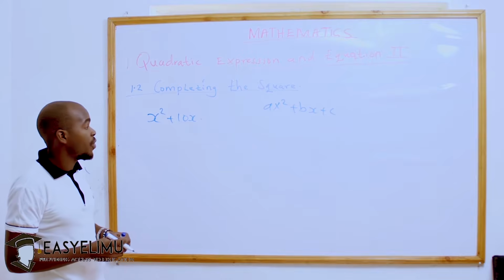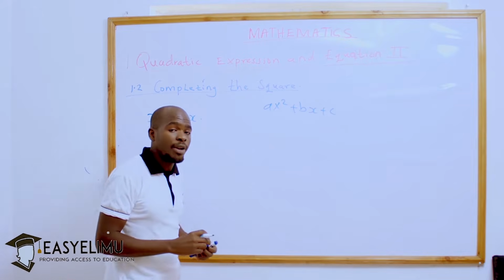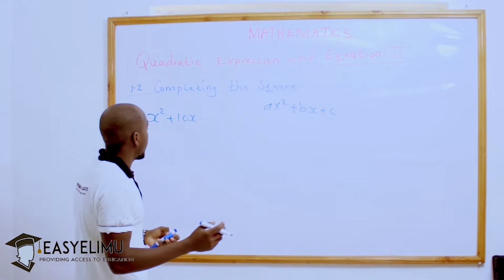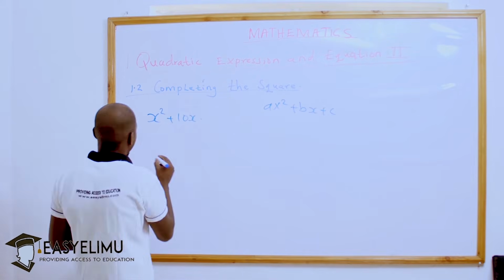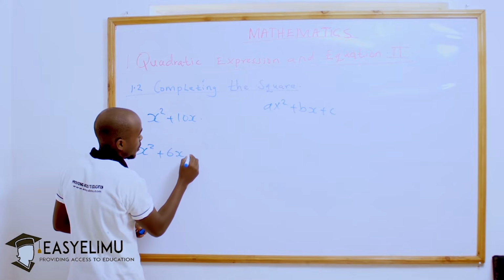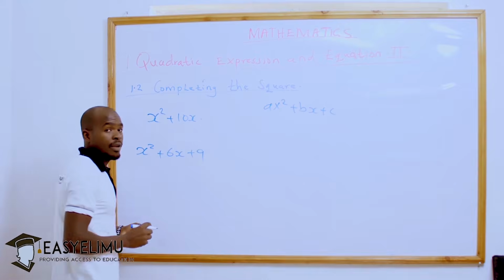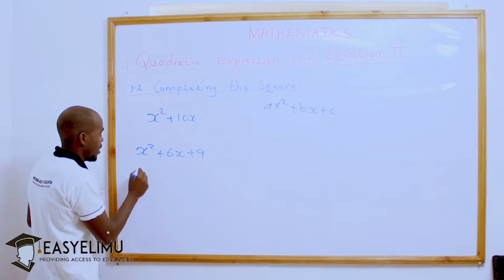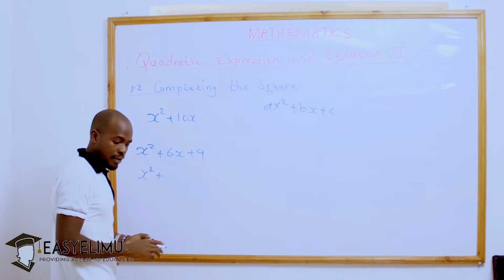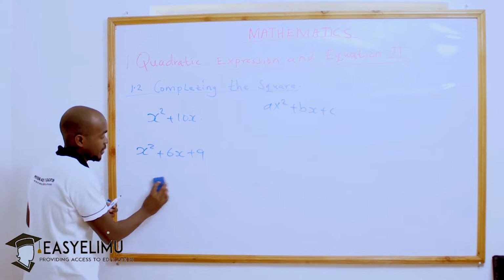We can complete the square. Having another one like x squared plus 6x plus 9, let's just use this one.